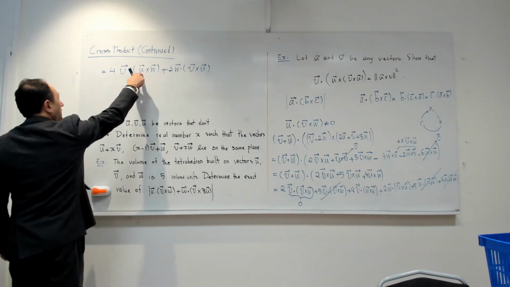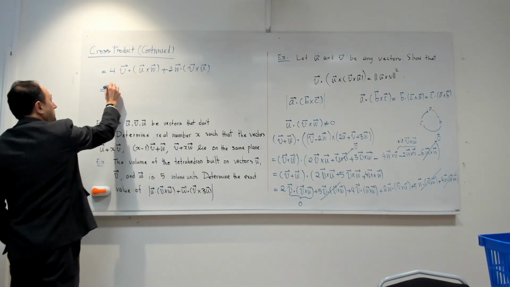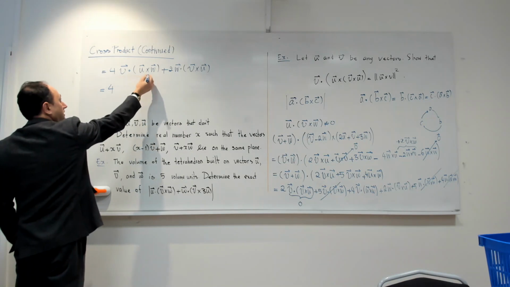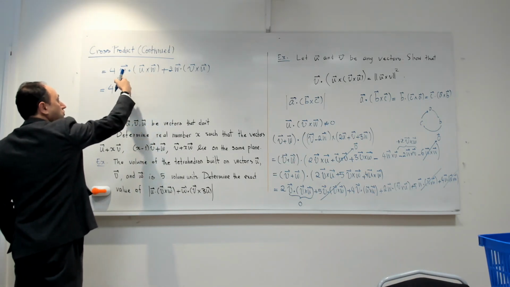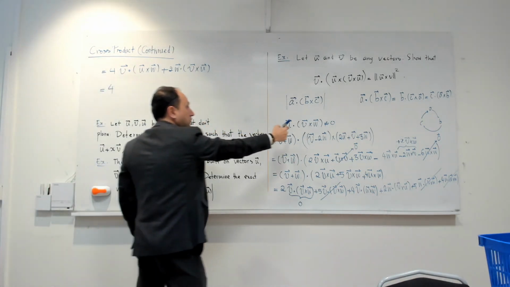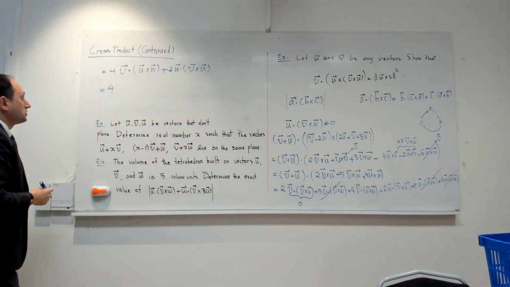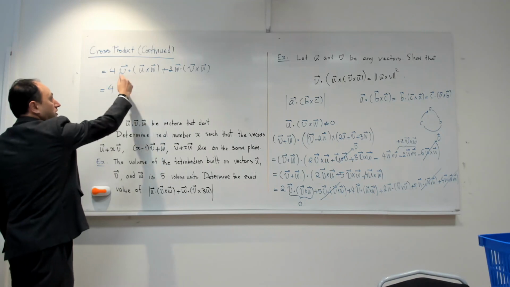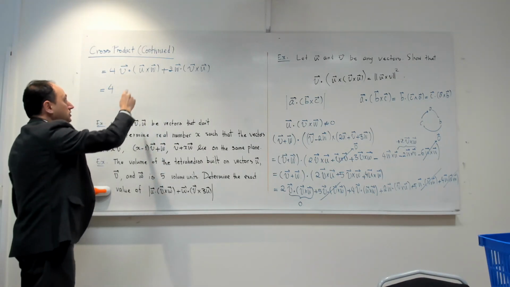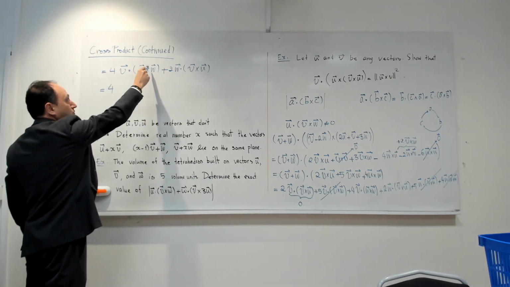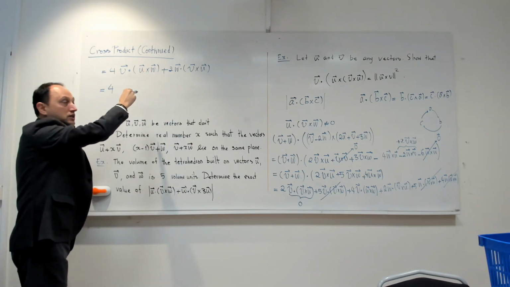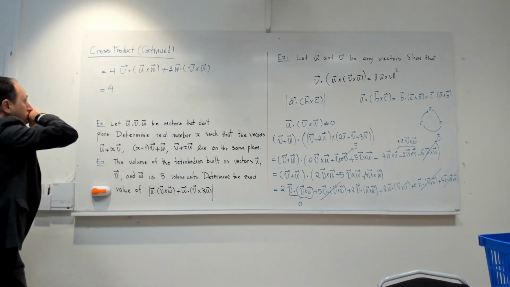I want you to write this in a way that U comes first, V goes second, and W goes third. So is it in the correct order in this form right now? No, because if you start reading from U, the next one should be V, it is W. So what do you think we should do?